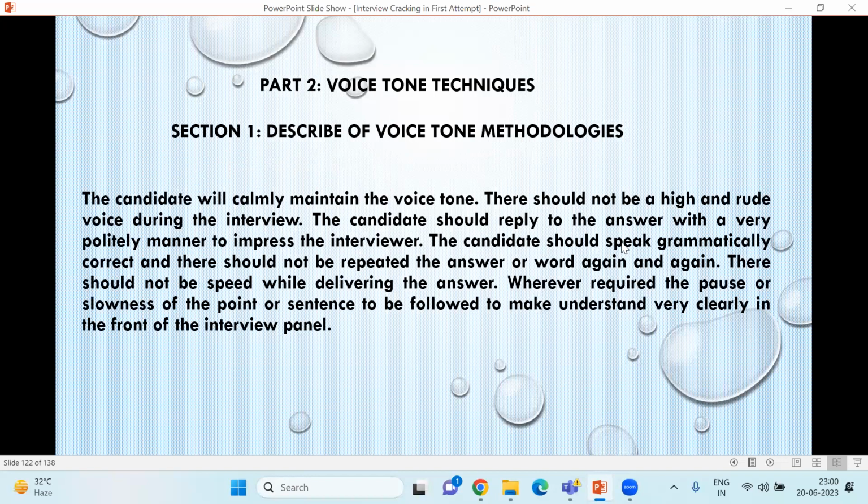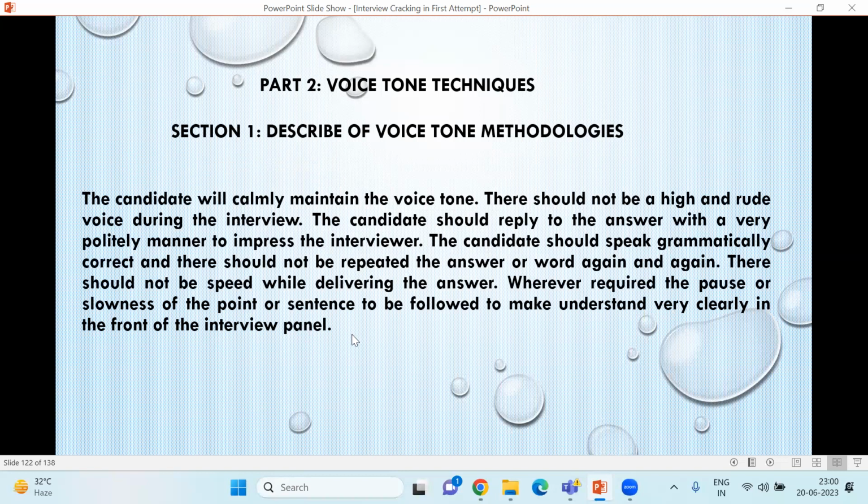The candidate should speak grammatically correct, and there should not be repeated answers or words again and again. There should not be speed while delivering the answer. Wherever required, a pause or slowness should be followed for the point or sentence to make it understood very clearly in front of the interview panel.